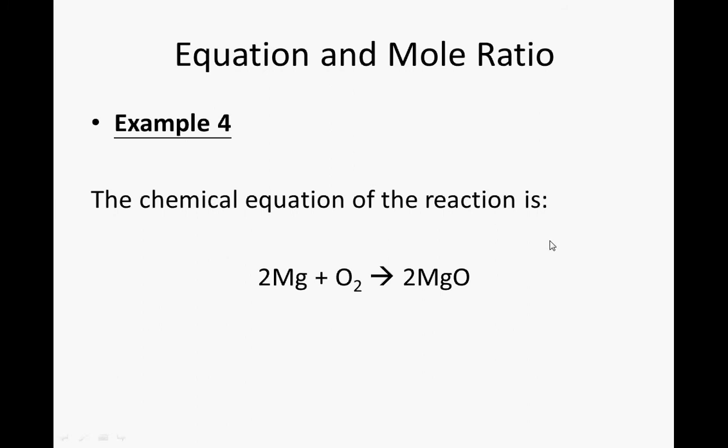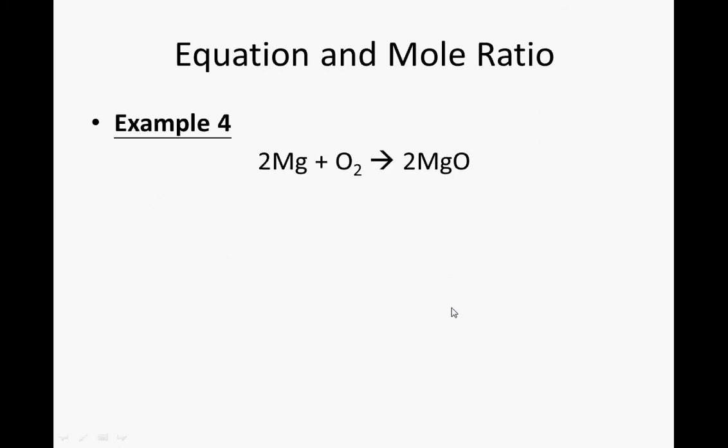So we can tell the mole ratio between Mg and MgO is what? 2 to 2. Since all 7.29 gram of magnesium are reacted, how many moles here can deduce how many moles of MgO?